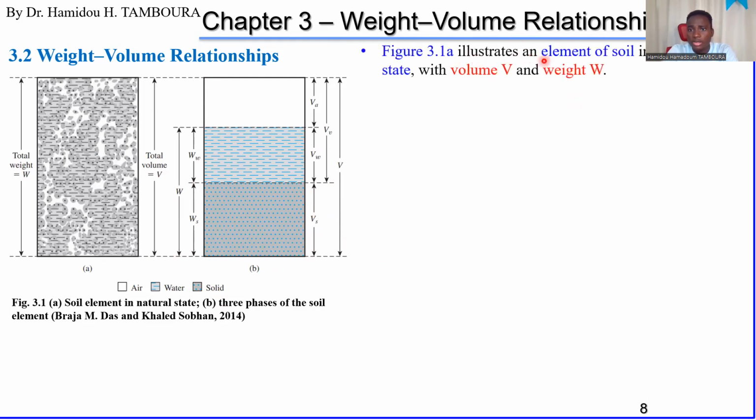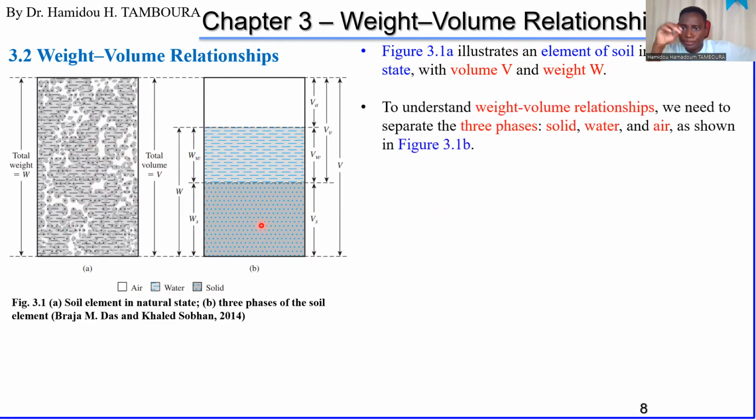As this figure shows, I already explained about the volumes. Figure number 1A is the total, and we reorganize it to have the three phases: solid, liquid, and gas phase.